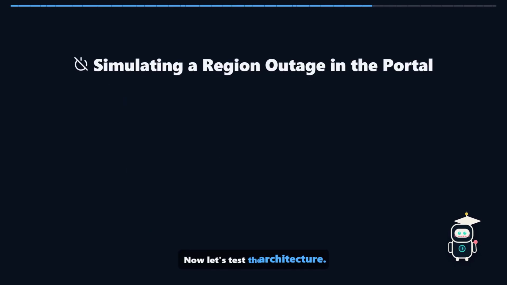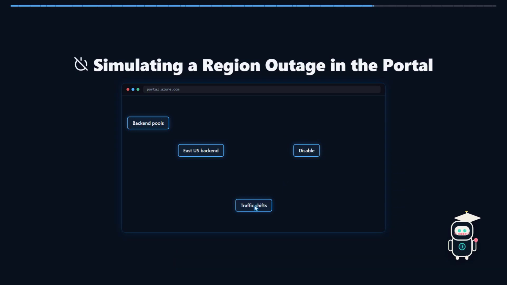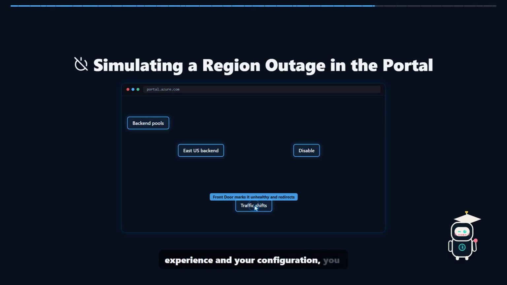Now let's test the architecture. In Azure Front Door, identify the origin or regional application endpoint you want to test. Depending on the current portal experience and your configuration, you can disable an origin or intentionally make the test origin unhealthy. Then watch what happens.